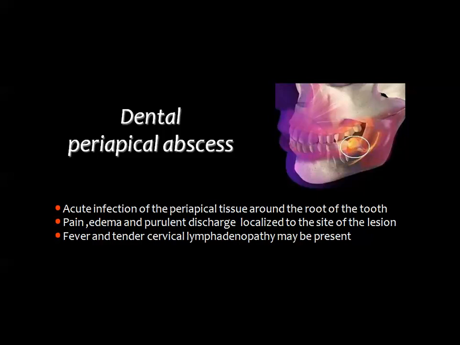Then we start with the dental infections, which of course will spread to the nearby soft tissues, including the floor of the mouth. And these infections result from the formation of abscesses around the root of the tooth, and patients with an odontogenic source of infection may complain of pain, edema, and purulent discharge, which is usually localized to the site of the lesion.